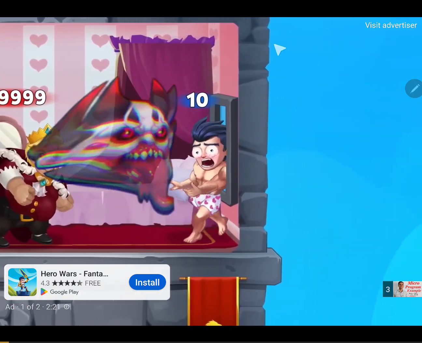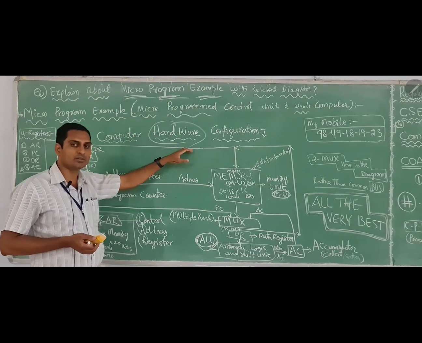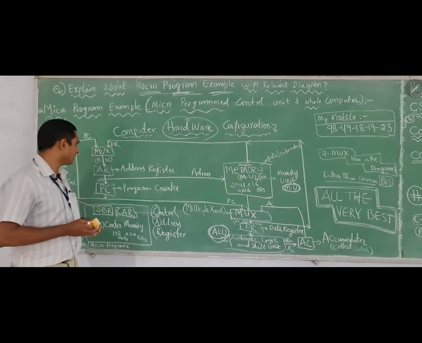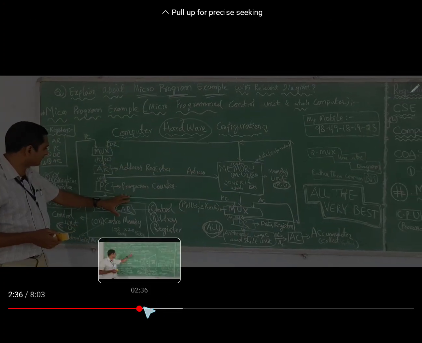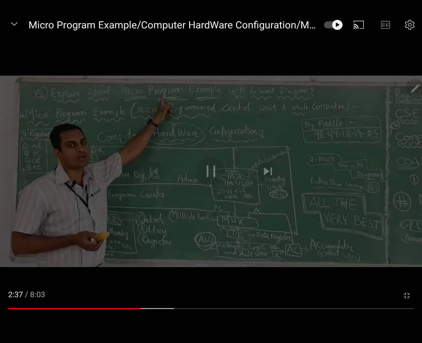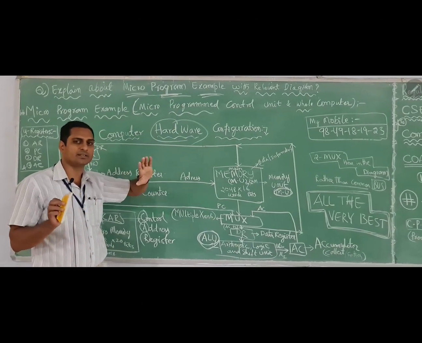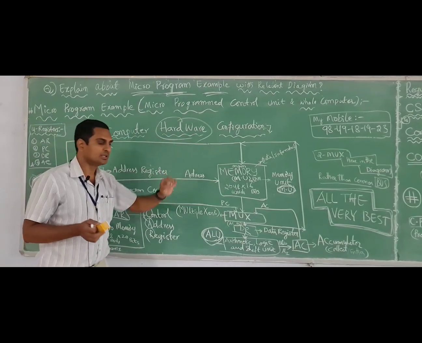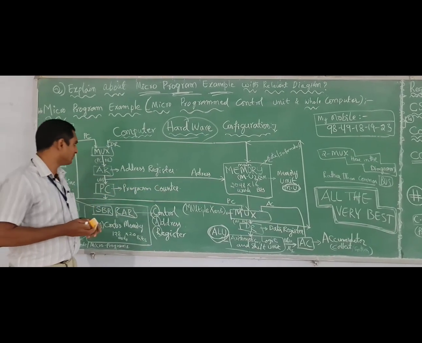Whichever question you are asked, keep that title only, don't write it by hand. Write simply. You can put microprogram example, no issues, but draw the diagram neatly and explain in bullet points.